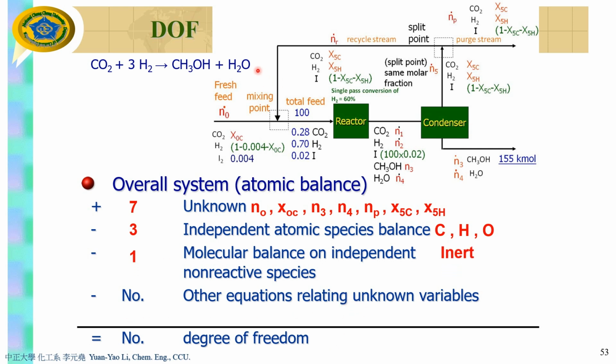Do we have a specification involving input and output here? No. The only specification we have is this one, so that's 0. So 7 minus 3 minus 1. You cannot get the answer for these 7 unknown variables.